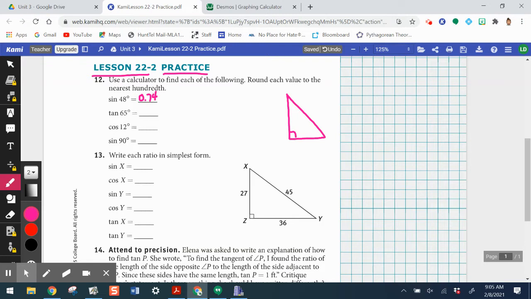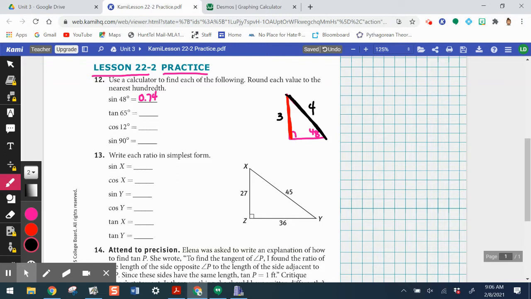We're saying if we have a 48-degree angle, that when we compare the opposite side of that 48-degree angle to the hypotenuse of that triangle, that ratio will be equivalent to 0.74, which I would say is roughly 0.75. So we could say the opposite of 48 degrees would be 3, and the hypotenuse would be 4, which 3/4 is roughly 0.75, just to give you an idea of what we're saying here.